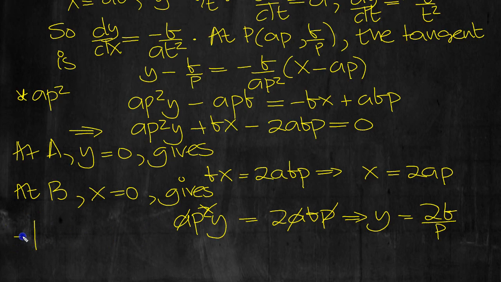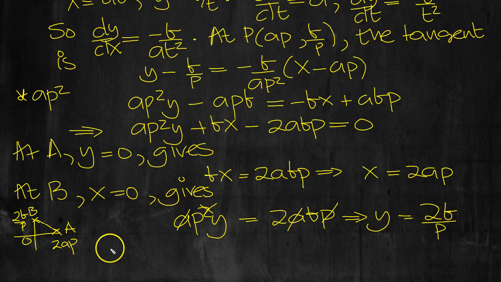So basically here's our axes. At A, y is 0 and x is 2ap. Here's the origin, and that was A. And B, x is 0 and y is 2b over p. And this is the point B, and we got our triangle.